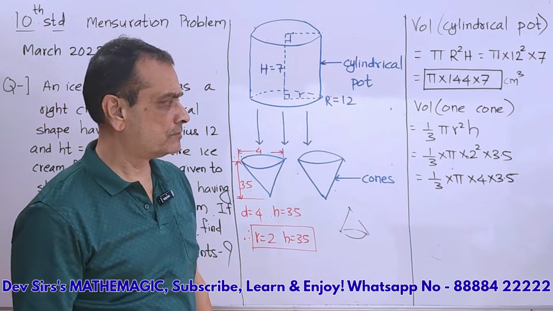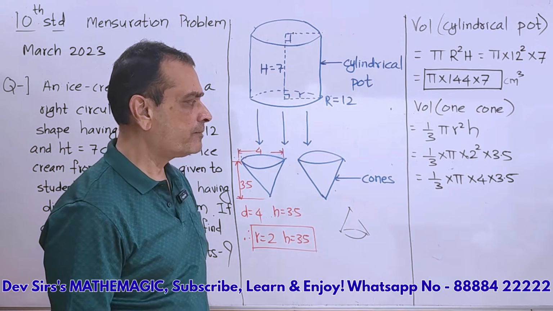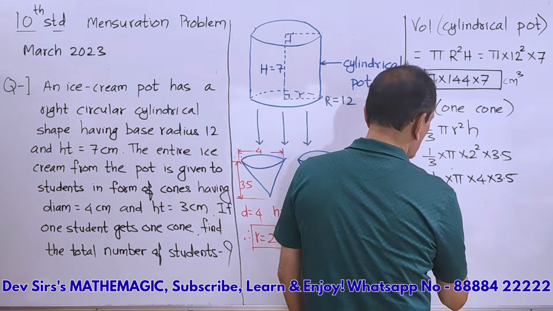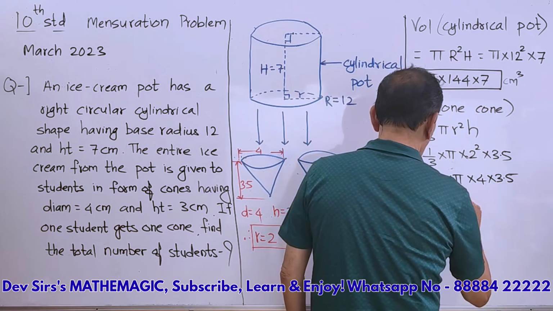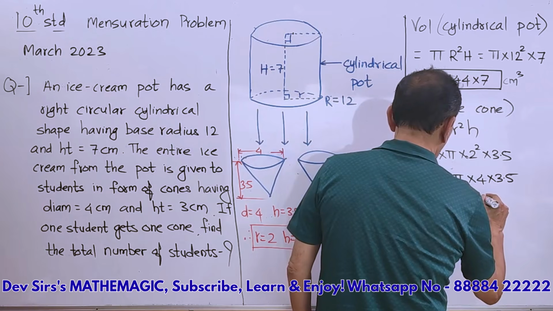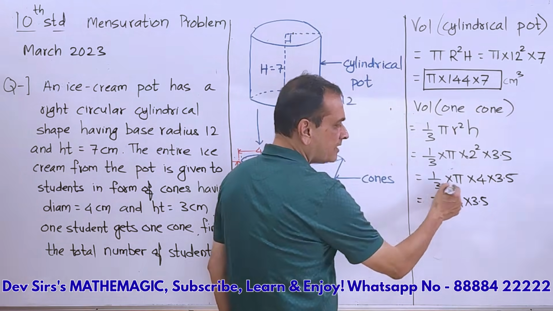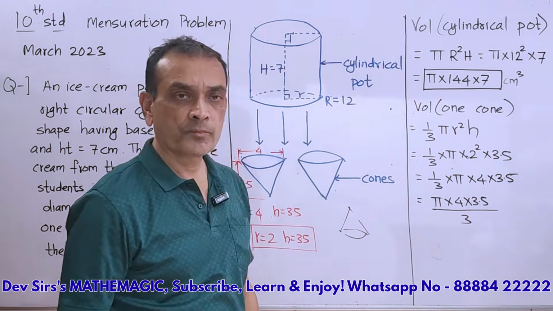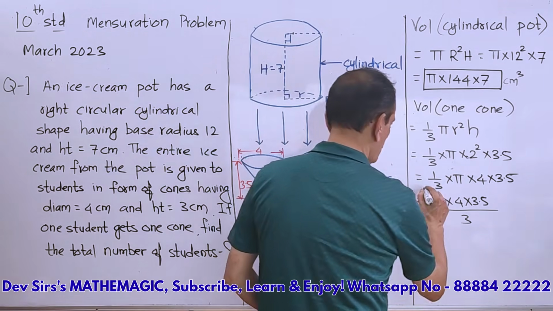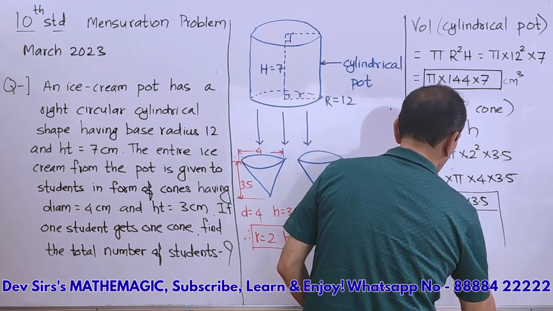Keep it as it is. At the most what you can do is one third, this 3 you can write like this. This is the volume of one cone, centimeter cube.